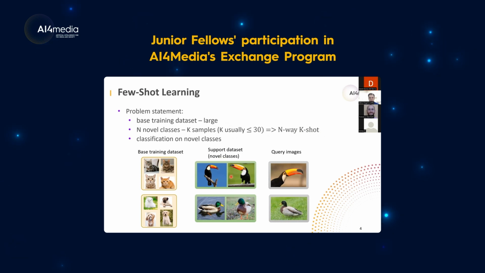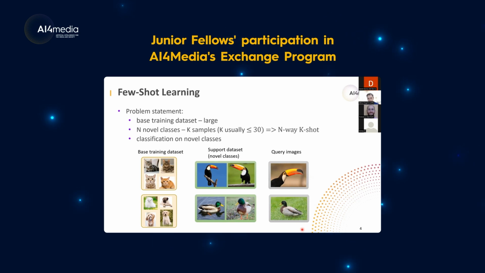Then, at the last part of the training process, you want to perform classification solely on these novel classes. So after you trained with only, let's say, 5 images for each class, you want to be able to detect that a class can be assigned to this query image, for example. We have this parrot or this duck.